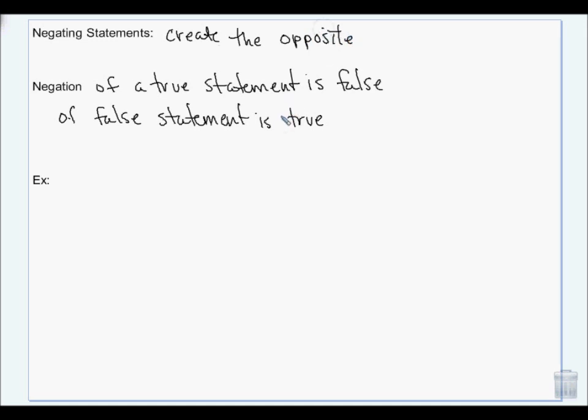Okay. The symbol for negation, when we start talking about symbolic, that's when we're going to abbreviate things. The symbol is what's called a tilde. Okay, examples of, if I have the statement, London is the capital of England.